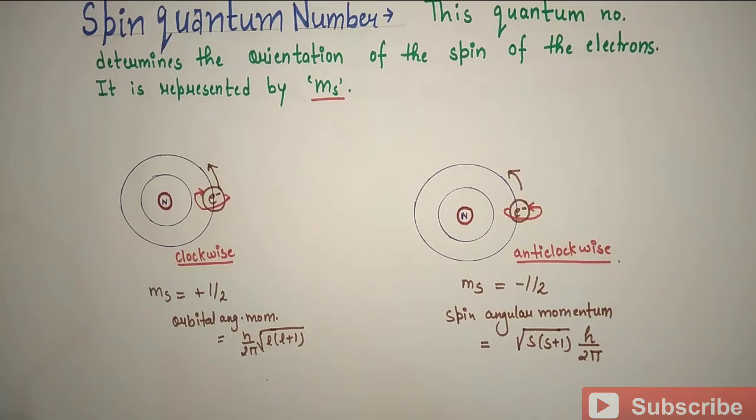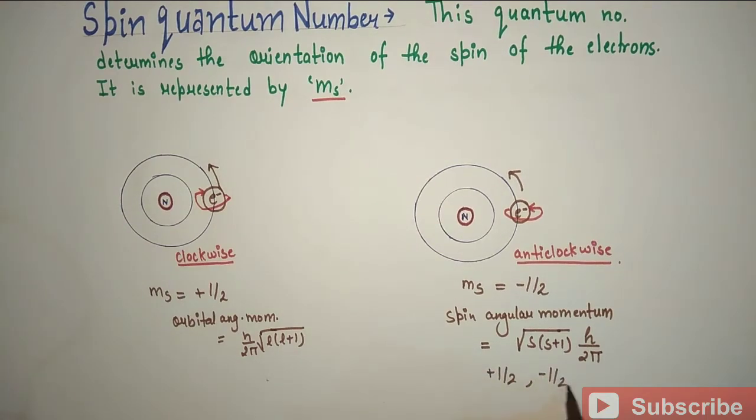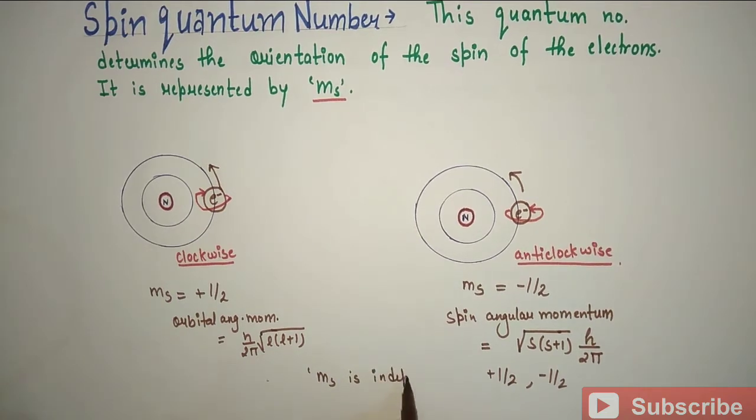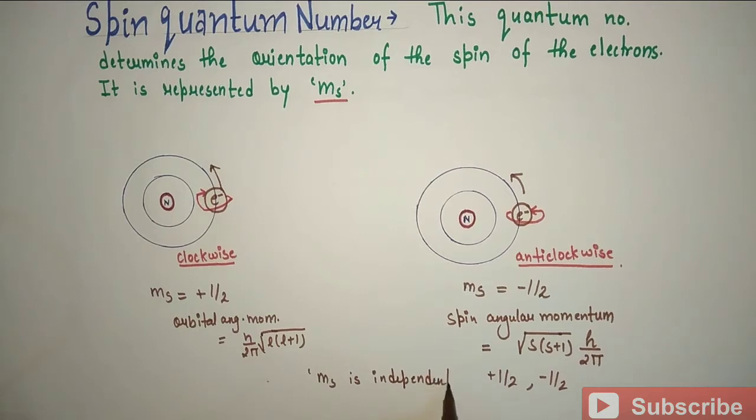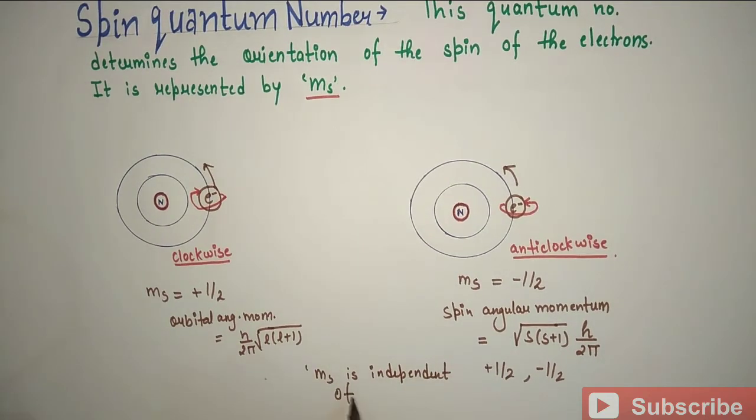So s can have either of two values, plus half or minus half. The main thing to remember is that the spin quantum number, ms, is independent of all three quantum numbers.